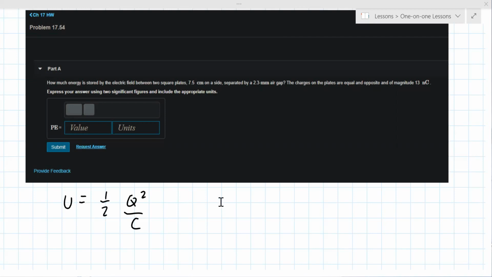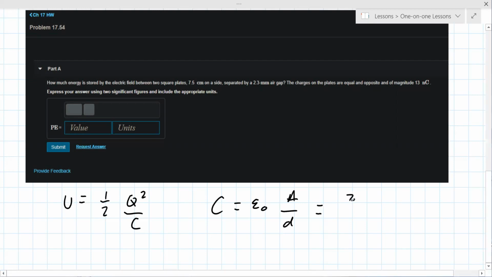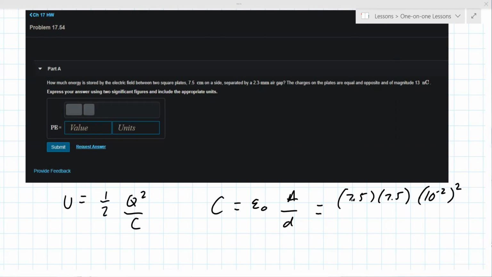So C is epsilon naught A over D. And you know that A, the area, is 7.5 times 7.5. But then you have to convert. It's times 10 to the minus 2 squared, because you have to convert from centimeters to meters. That's one of the really annoying things here: you shouldn't have to do that many conversions when you're already doing a pretty challenging problem.